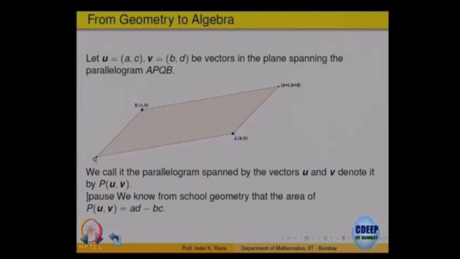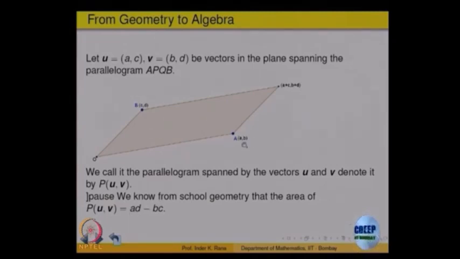If you recall your vector algebra, the diagonal of this parallelogram gives you the sum of the two vectors, and it can be proved purely by geometry that the area of this parallelogram is given by AD minus BC.